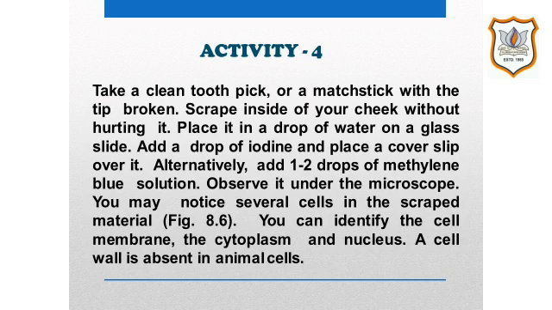You may notice several cells in the scraped material, as you can see in figure 8.6. You can identify the cell membrane and the cytoplasm and nucleus. A cell wall is absent in animal cells.